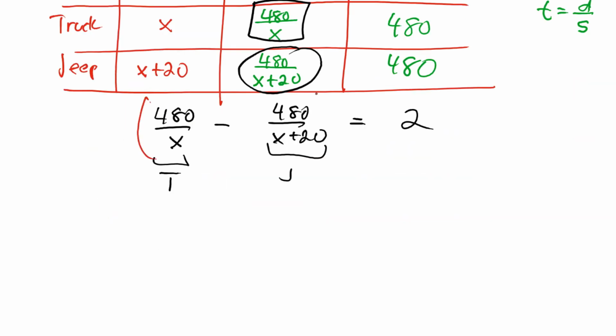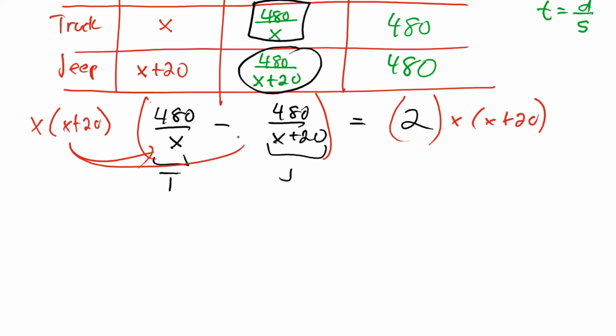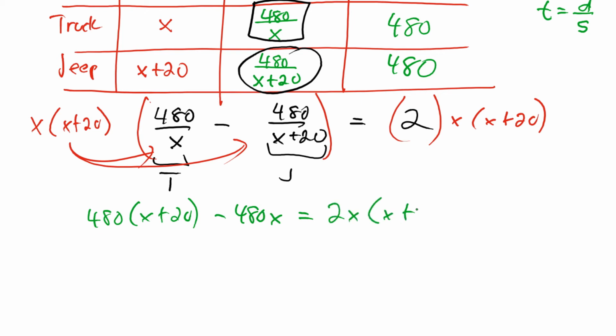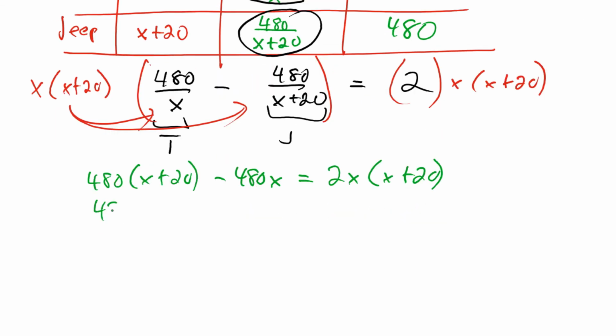All right, so we will solve this equation by multiplying both sides by the common denominator, which is x times x plus 20. And here we have two terms, so we have to distribute our common denominator to the two terms. And we would get 480 times x plus 20 minus 480 times x equals our right-hand side. I'm going to multiply the equation out.